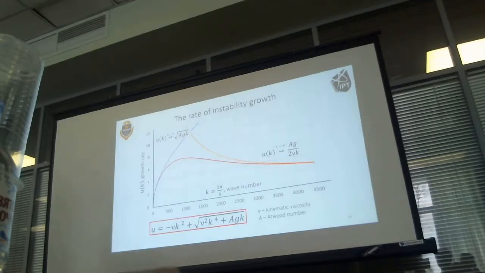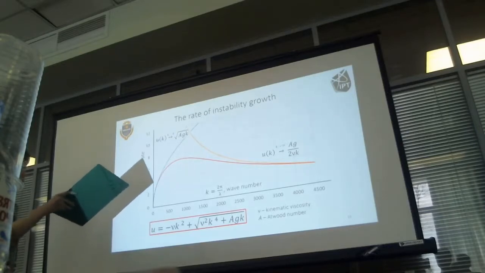We can find the dispersion relation for the instability growth. It's the relation between the growth rate and the wave number, found by looking at the asymptotics at small wave numbers and at high wave numbers.